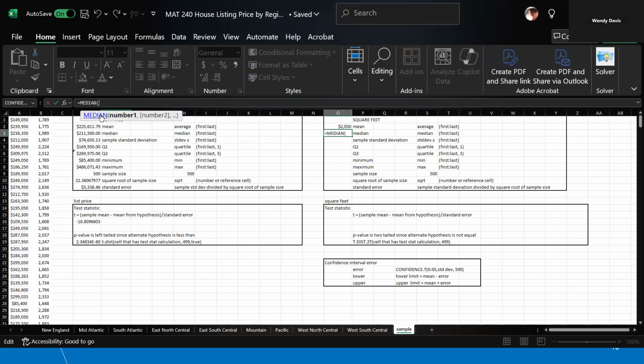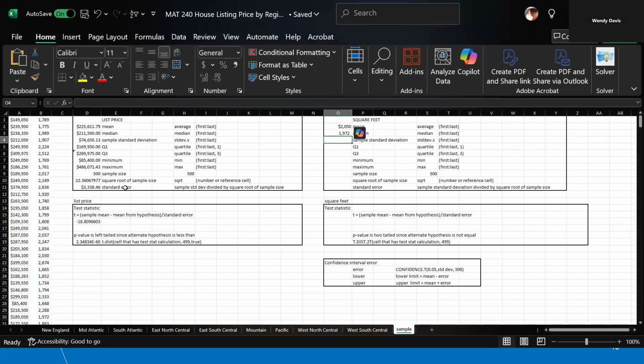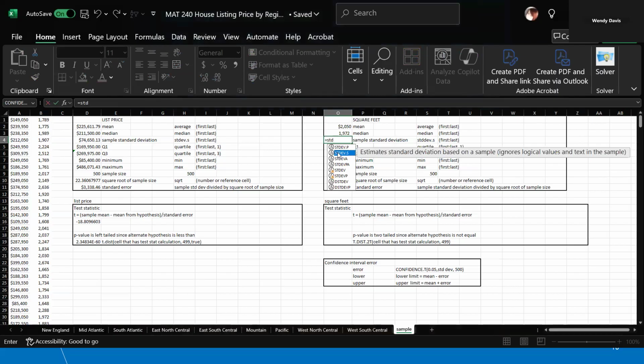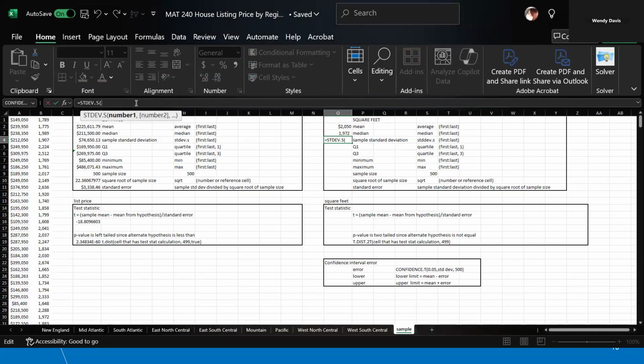You have to double click it, or you can type all this. B1, B500, equals standard deviation sample, B1, B500.